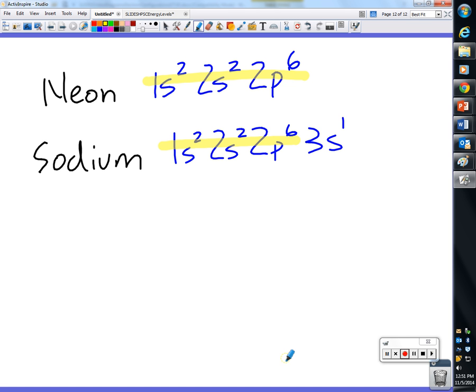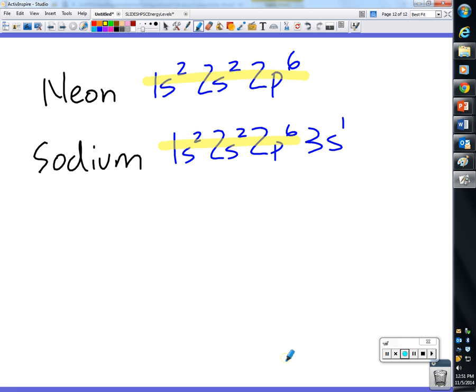But once we max out the p orbitals, where do we have to go? Do butterflies exist in the second energy level? You have to go up to the next one. Butterflies don't exist until we get to the third. So the second energy level is completely full.